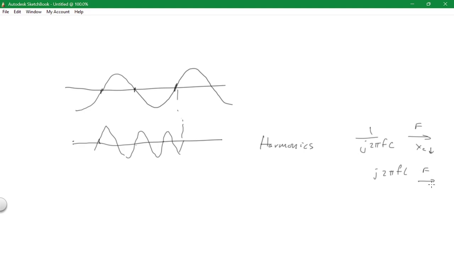As frequency goes higher, x sub l goes higher. So basically, inductance isn't a problem, but if you have capacitance in your system, you get lower in the x. As x sub c goes down, what happens to current? I goes up.